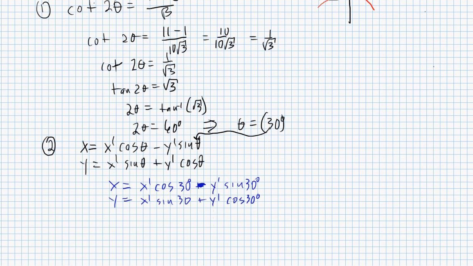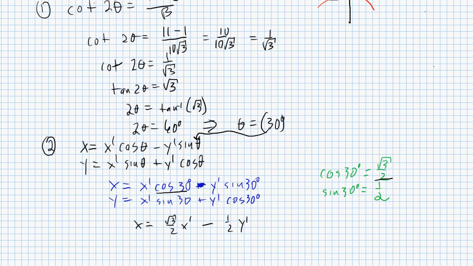Okay? So cosine 30 is rad 3 over 2. Sine 30 is 1/2. So now we just substitute those values in. x is equal to rad 3 over 2 x prime, you see I just put cosine of 30, rad 3 over 2, where we see cosine 30 here, minus 1/2 y prime.